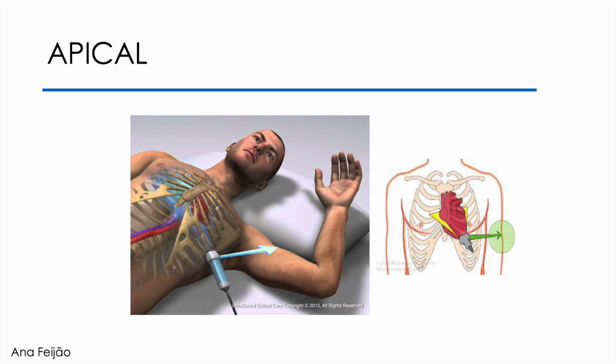Always with the index of the probe facing the left shoulder. It may be necessary to move down a space or move the probe further towards the back or towards the front. You will see that over time you will gain experience in achieving the best apical image. I think that of all the windows, in my opinion, it is the window that challenges me the most.